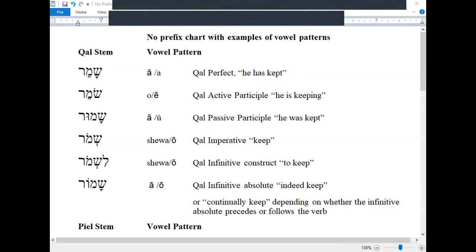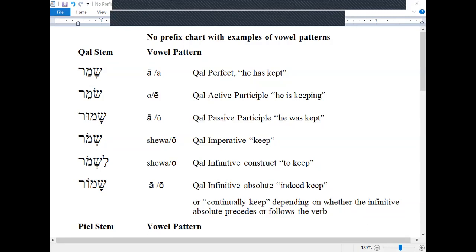And when we look at an infinitive absolute, grammatically, if it comes before, let's say you wanted to say, he has indeed kept, it would be shamor shamar. In other words, if the infinitive absolute comes before the verb, we would translate it indeed, or he has indeed kept.